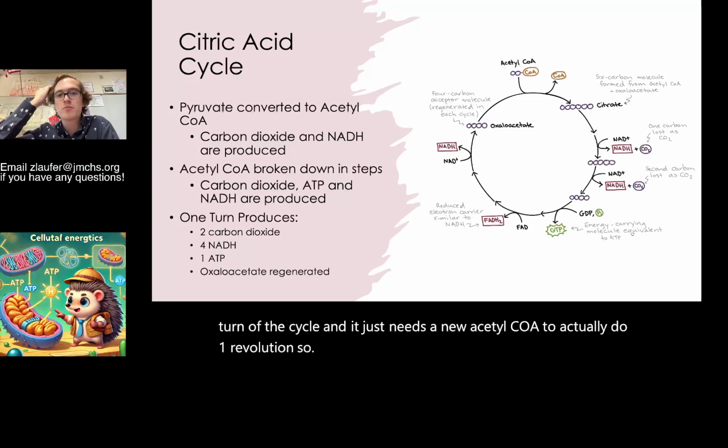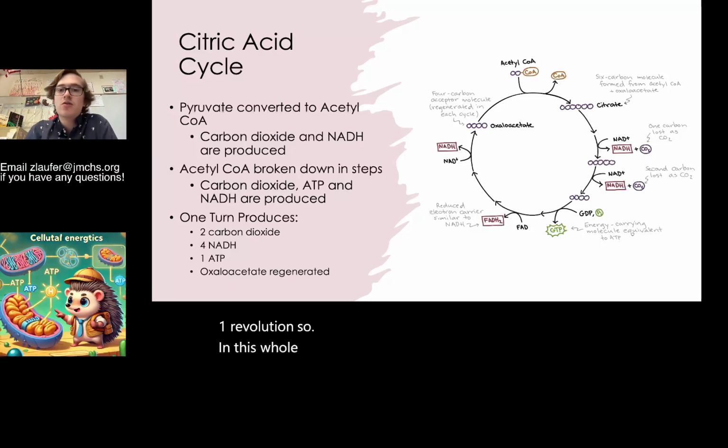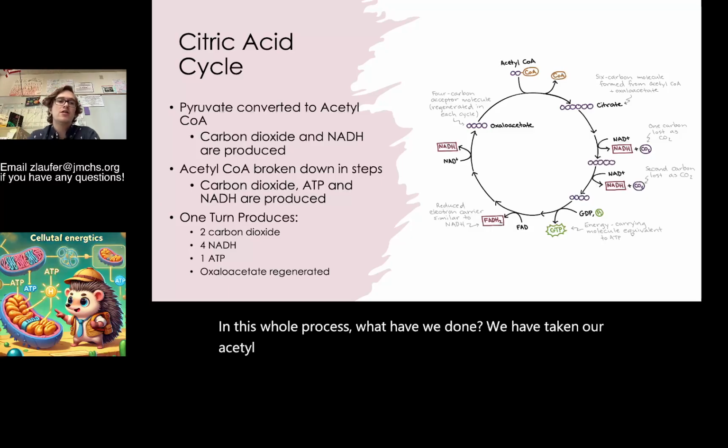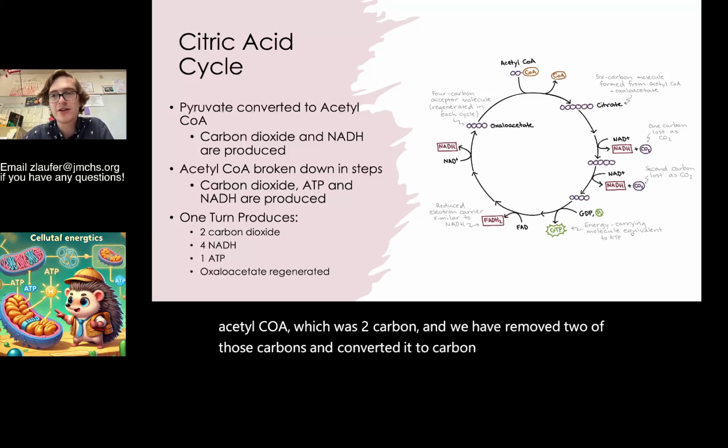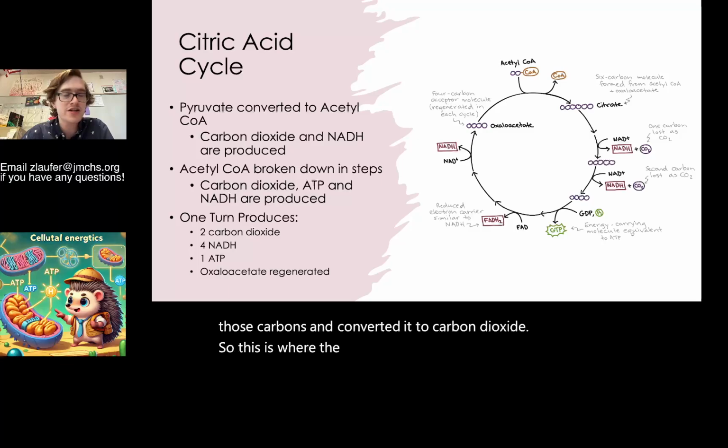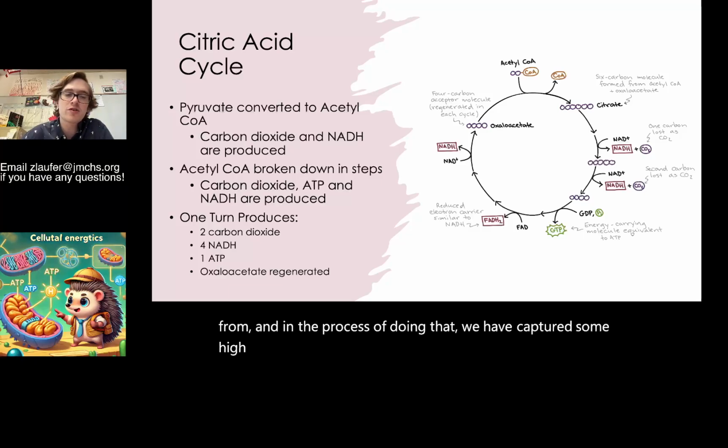So in this whole process, what have we done? We have taken our acetyl-CoA, which was 2-carbon, and we have removed 2 of those carbons and converted it to carbon dioxide. So this is where the carbon dioxide of respiration really comes from. And in the process of doing that, we have captured some high energy electrons, about 4 pairs, I should say.